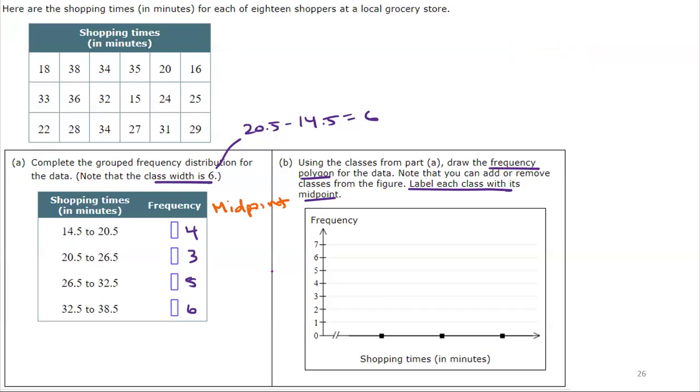To find the midpoint, all we have to do is add those two numbers. It's like finding the average, and divide by 2. So for this one, I'm going to have 14.5 plus 20.5 divided by 2, and that's going to give us 17.5.